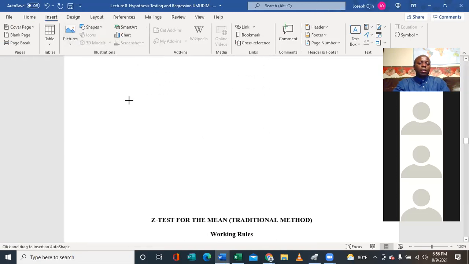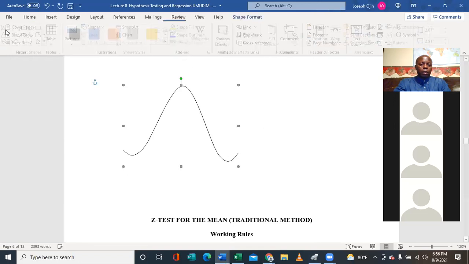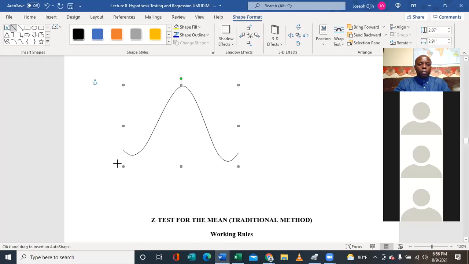Okay, we start from here. And then we have our x-axis here, and put the center line. So that means it can be on the right side or the left side.